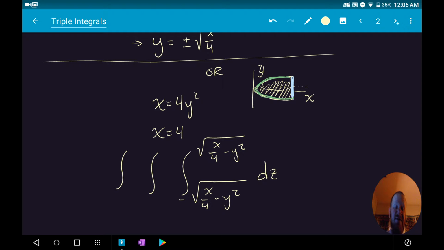That was a function of z. Dx, in this case, we could say that x is in between, remember 4 is our top function, the more positive x valued one, and then the bottom one is 4y squared.